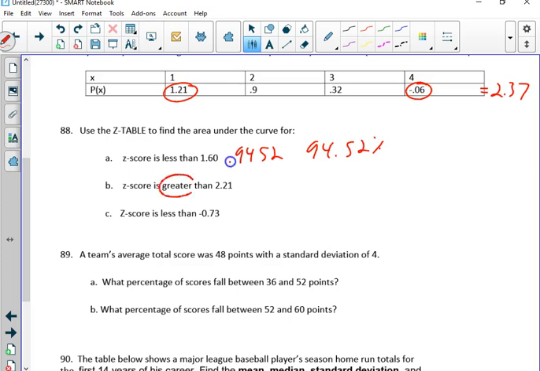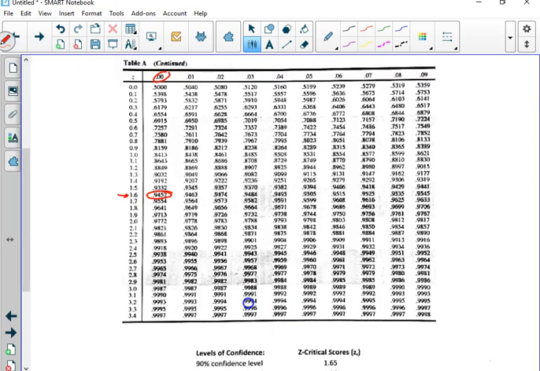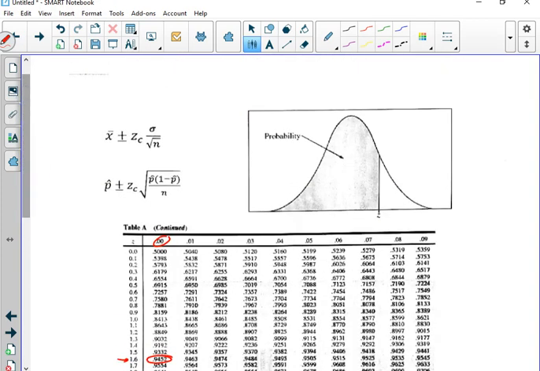Now, greater than 2.21. As soon as I see this, I'm going to write 1 minus, because remember, this graph shows you everything left of the z-score. If we want everything greater than that z-score, we need to subtract out the area we found.